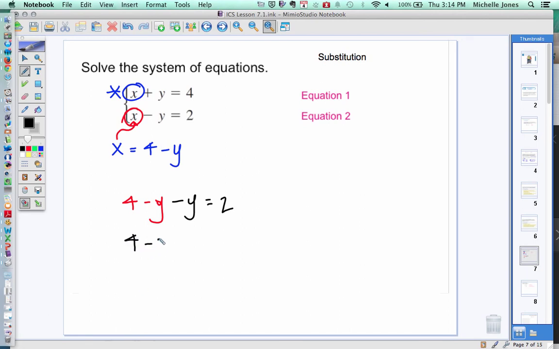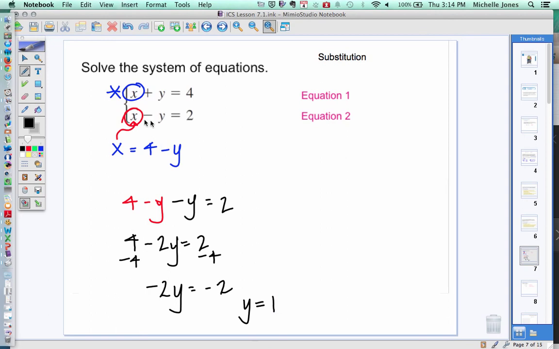Combine like terms, so 4 minus 2y equals 2. Now we're going to solve for y. So I'm going to subtract 4 from both sides. I get negative 2y equals negative 2. Divide both sides by negative 2 and you get y equals 1.